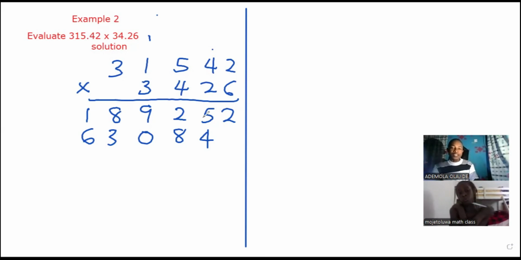This is the line for our answer. Then we have used these 2, and we start the answer right from here and list it to the left. Then the third digit is this 4. Using this 4 to multiply everything up, that's what we want to do now.